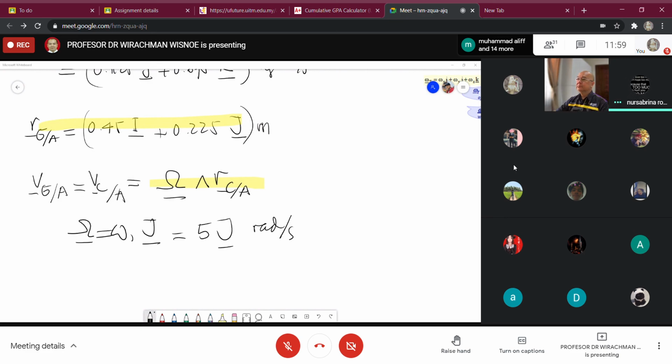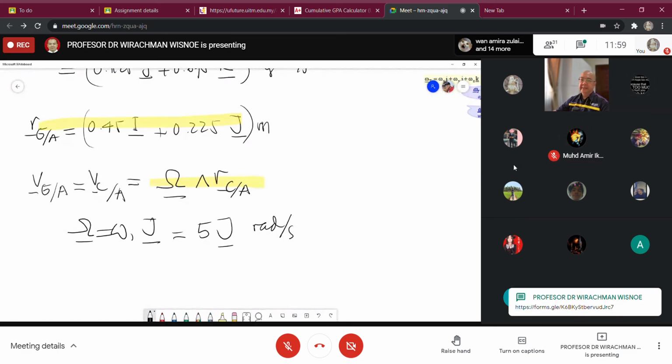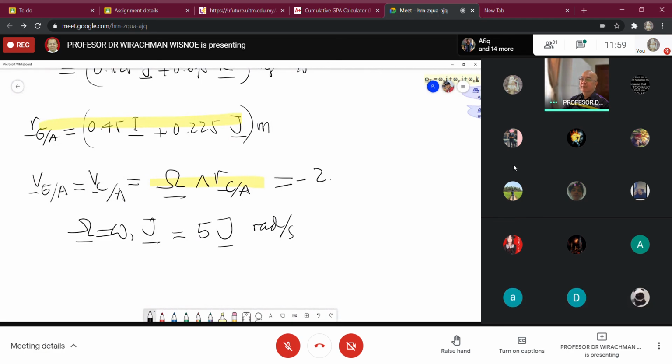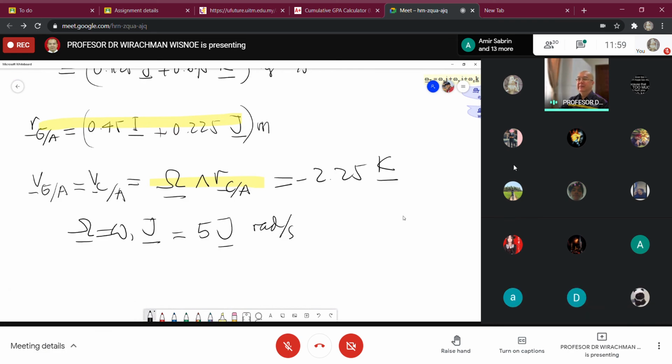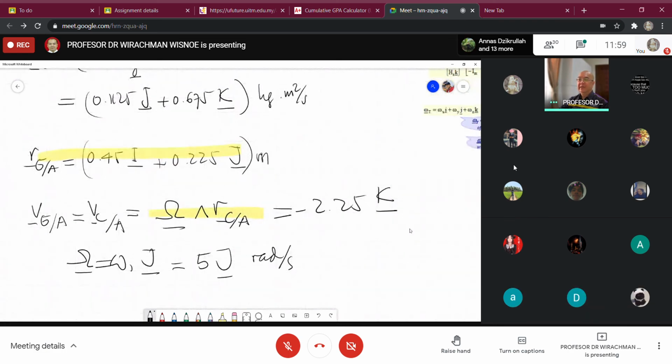2.25K, Prof. Negative 2.25K. Yes. So this one is negative 2.25K. Capital K. I tried to write separately between small k and capital K, and now we decide to use the fixed frame.